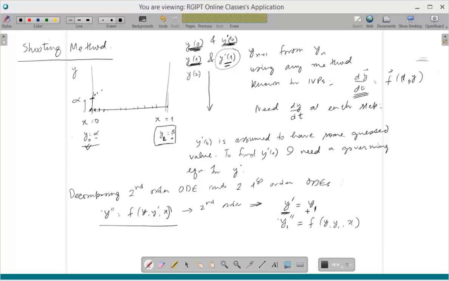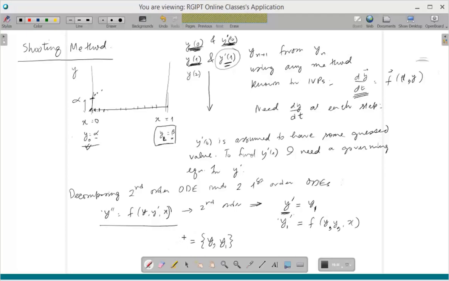I'm going to call that y1, and sorry, it should have been prime, not double prime. But y1 prime would be equal to y double prime, and the right hand side I write in terms of the variables y and y1. My variables are now y and y1. There are two variables.